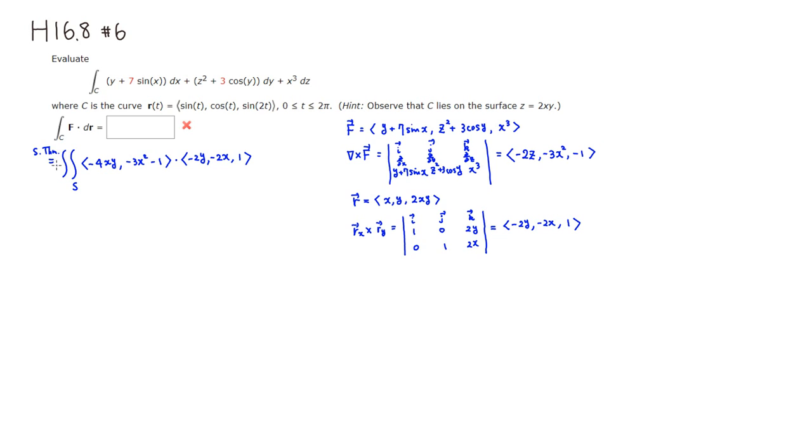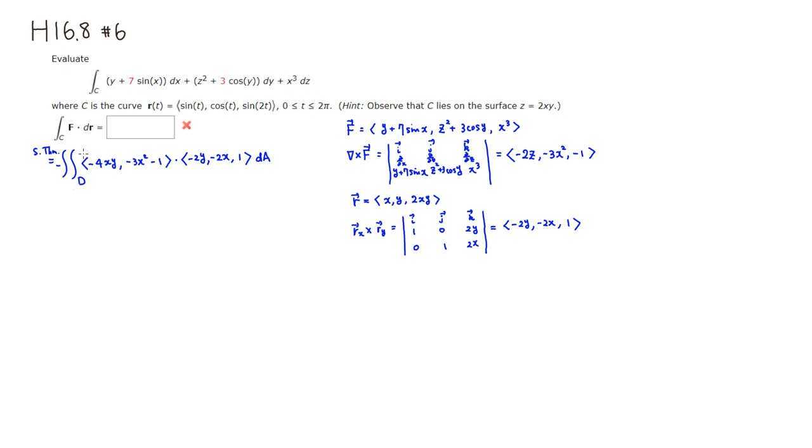Then this is going to be dA. And actually, I have to change that too. This is over the disk D. It's actually a unit disk because it's going to go around the unit circle clockwise, so it's going to be D here.